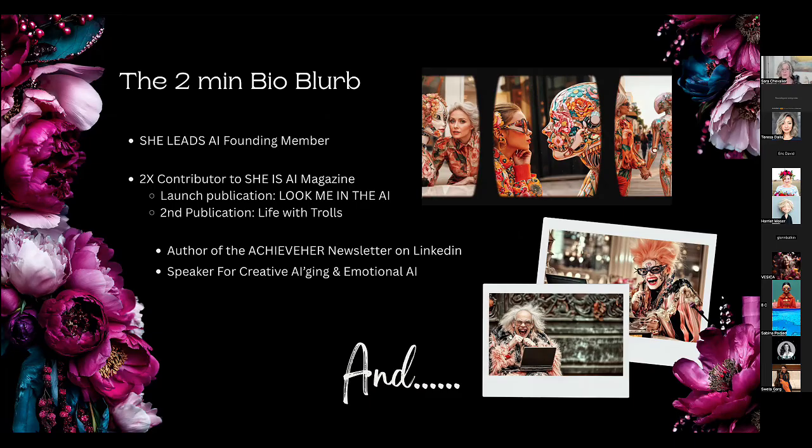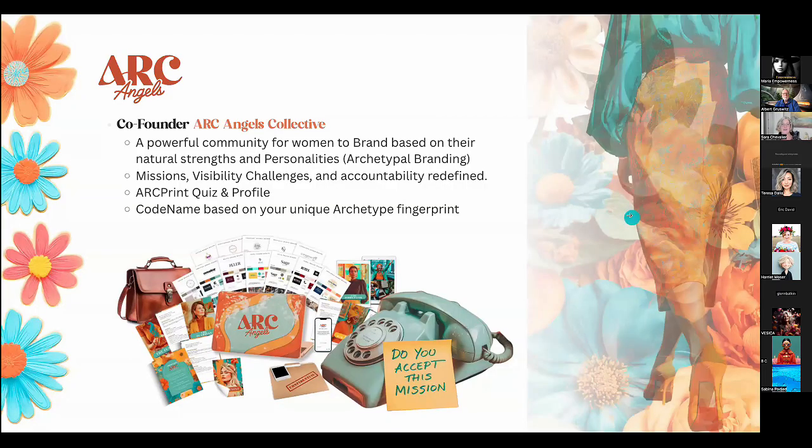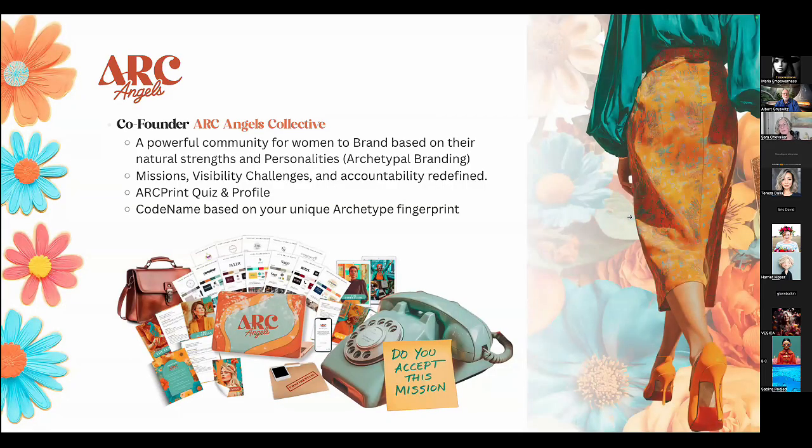Author of Achiever News and LinkedIn and speaker for Creative Agent and Emotional AI. And right now, my big thing, I'm going to do a brand flip on this just for a second, is Archangels. That's my main business, which is really, again, branding and using archetype to step into all of who we are and show up online.